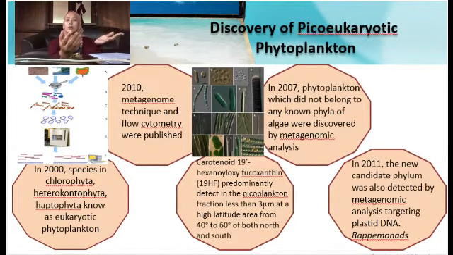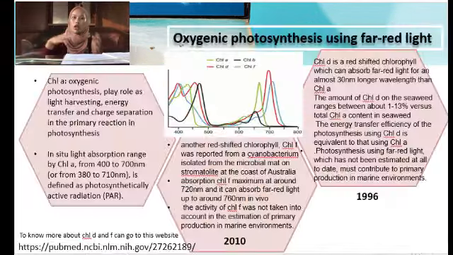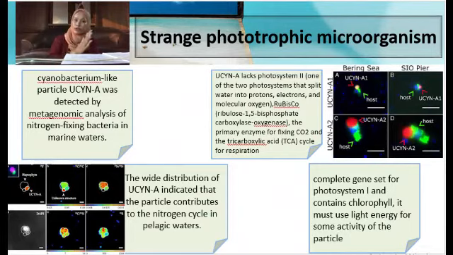This is a photo of the process of the metagenomic technique. In 2011, a new candidate phylum was detected by metagenomic analysis targeting plastid DNA, which is Rappemonads. For strange phototrophic microorganisms, cyanobacteria like UCYN-A were detected by a metagenomic technique of nitrogen fixation in marine water.